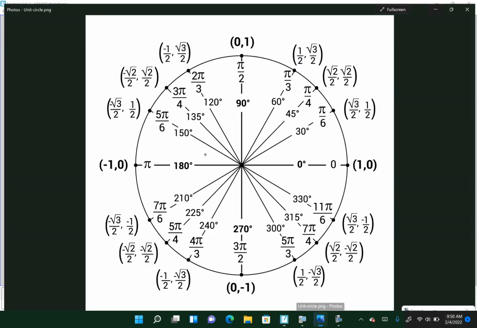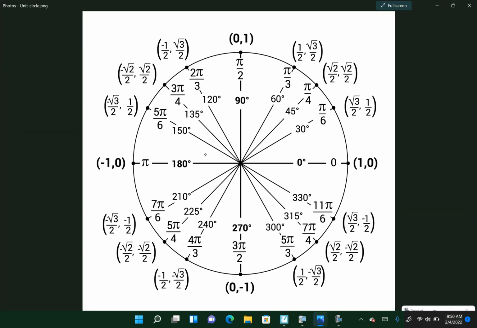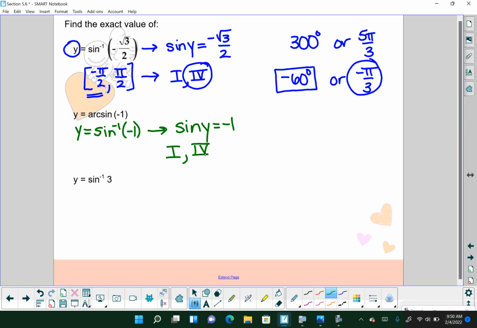So on the right side of our unit circle, we're looking for where we have a y coordinate of negative 1, and that is at 3 pi over 2 or 270. Because it's in quadrant 4, we want to make sure we give that negative angle. So in degrees, my answer would be negative 90. In radians, my answer would be negative pi over 2.